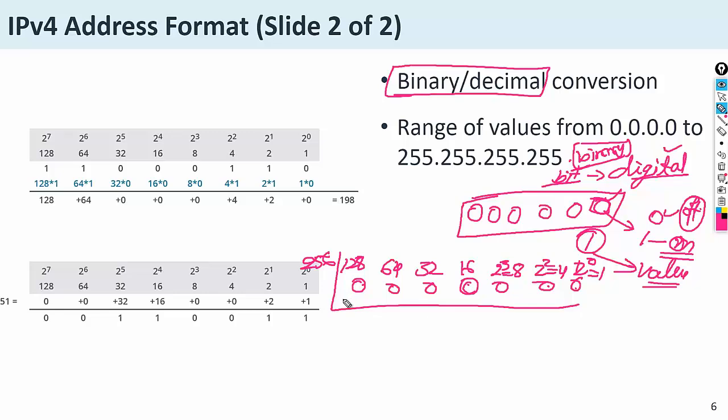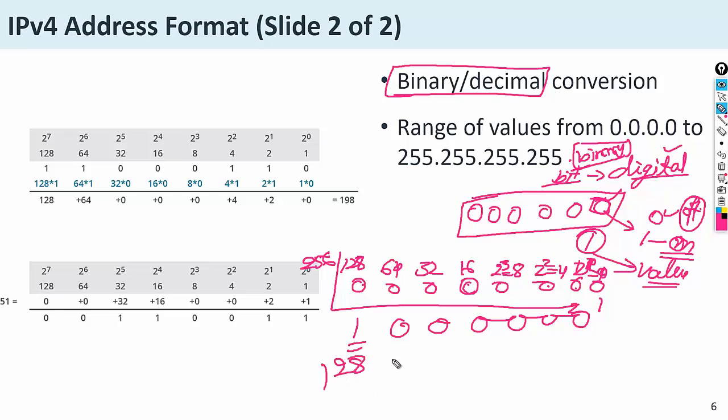What is missing? One more. So starting from here: 1, then 2, then 4, 8, 16, 32, 64 and 128. If this is on, it has some value and all the others are 0. So this value is considered 128.